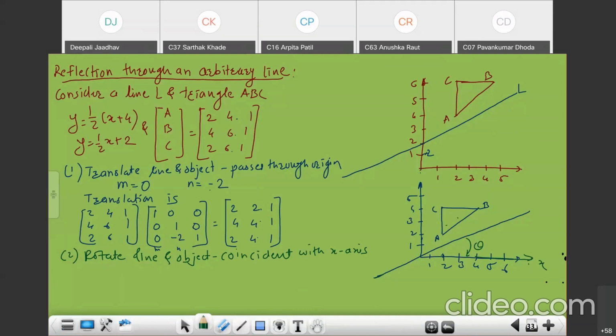Now, what do we need for the rotation? We need this angle. What is this theta? Now, how to identify this theta? It's a simple method. To identify this theta, we need to find the slope of the line. Using the slope, it is very easy to identify the angle theta.